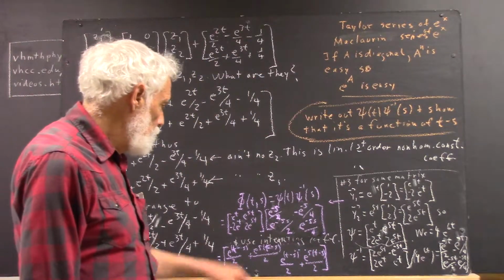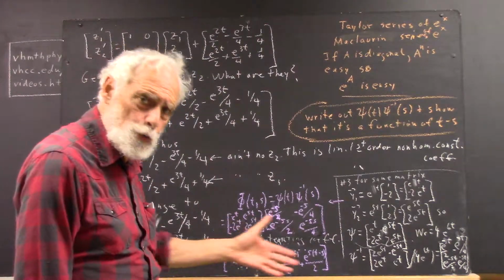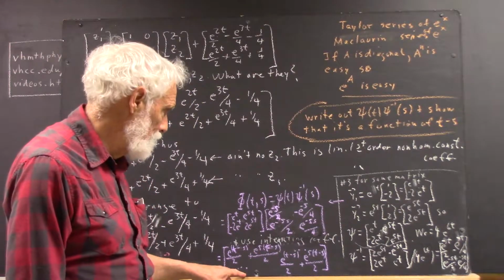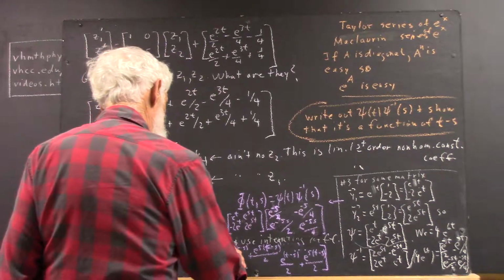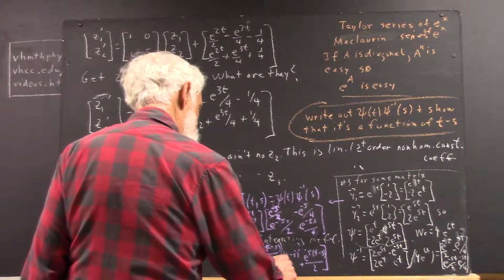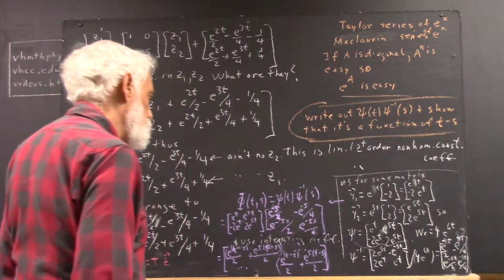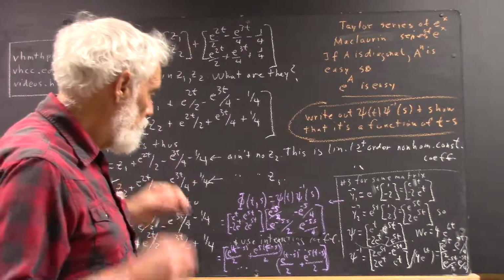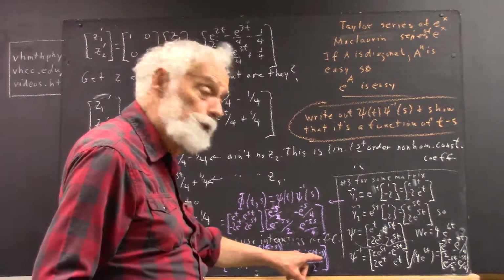Okay? So this is our diagonal, and I just did that because I had room to do it. I didn't have room to do this one or this one in any semblance of legible fashion. So this is one entry. This is another. Well, I just want you to be able to multiply these, and then I want you to understand that this matrix here is a function of t minus s.